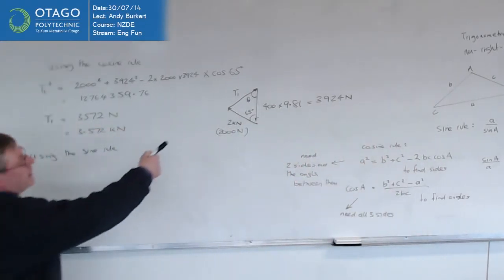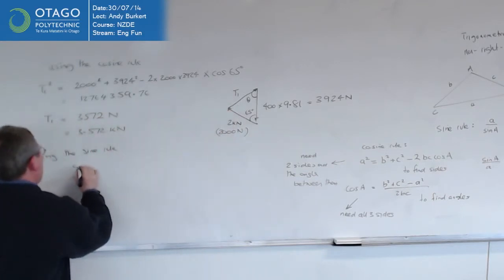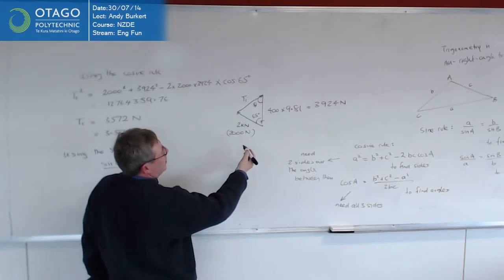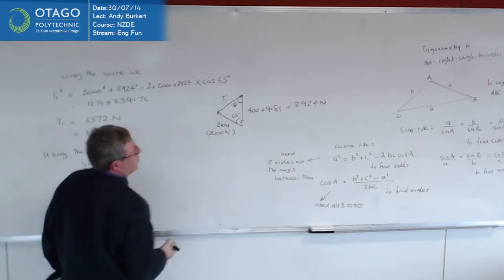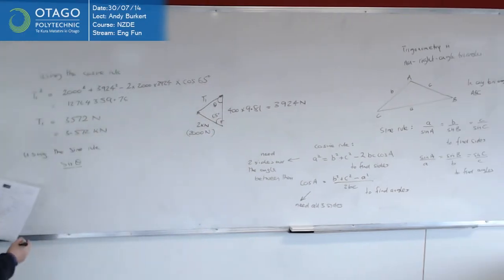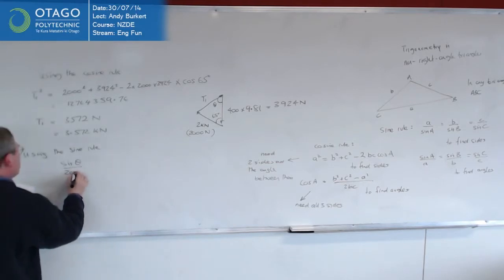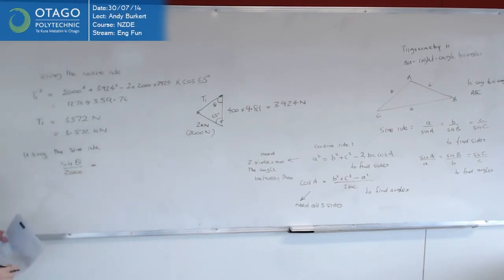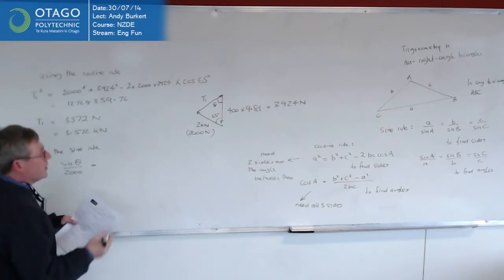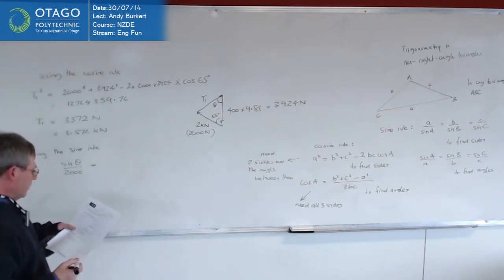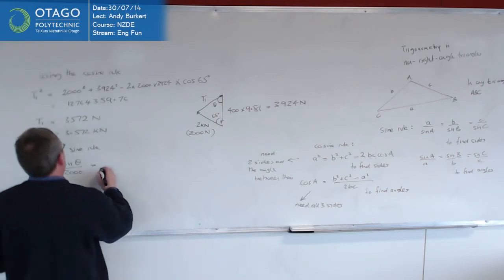So we're trying to find angle theta. So I start with sine of theta divided by the side opposite. So the side opposite is 2000. Equals, and then the angle I know is 65.